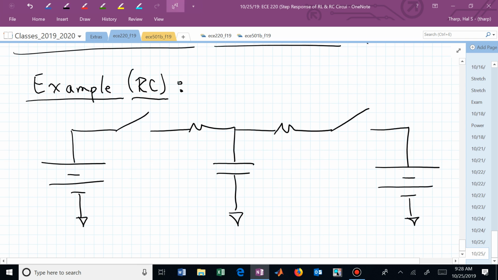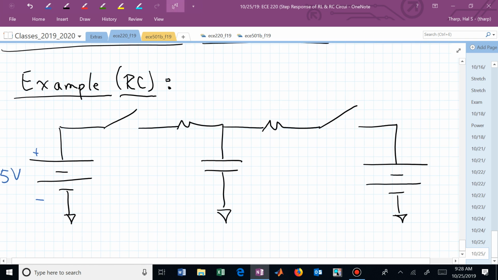And I'm trying to emphasize that I have constant sources by drawing these DC type sources. Let's say that this is now plus 5 volts. Let's say the one on the right is 12 volts.